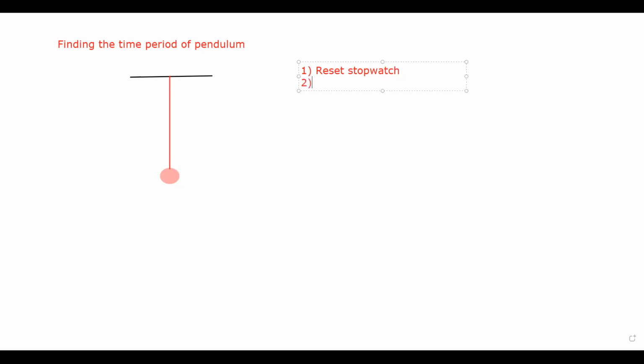Then we will mark the mean position. On a pendulum, we know this position, so on the ground we can mark it as the mean position.